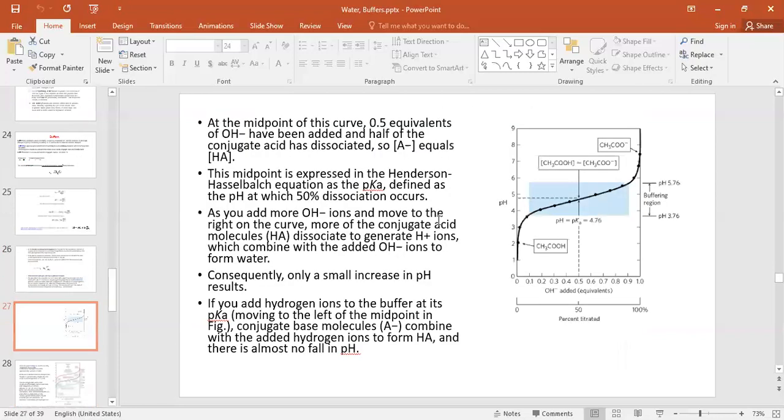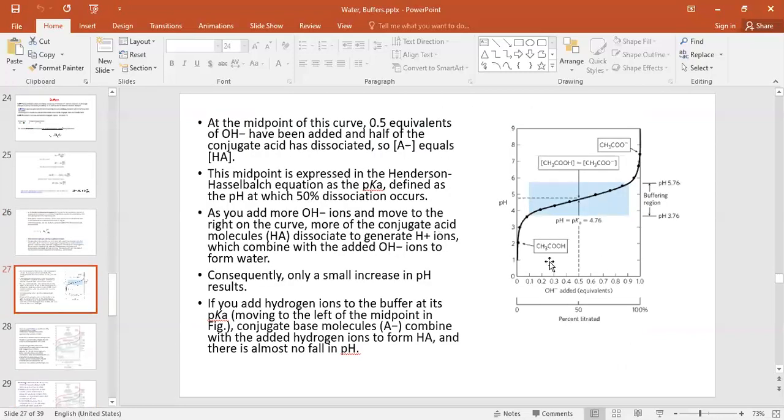Now let's draw a graph which shows the dependence of the pH of a weak acid on the OH equivalents added.